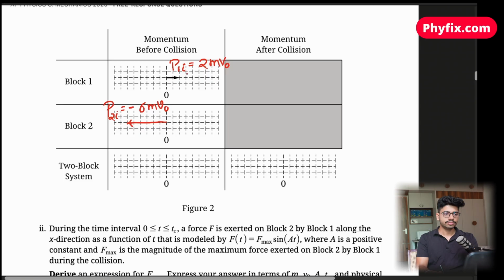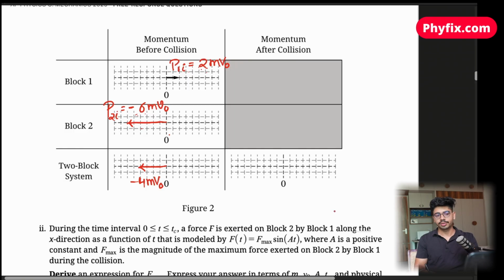Because momentum is conserved, it doesn't matter if it is an elastic collision or an inelastic collision. The point here is you have to add both of them. Before the collision, the momentum is -6 plus 2, so this is -4 mv naught.